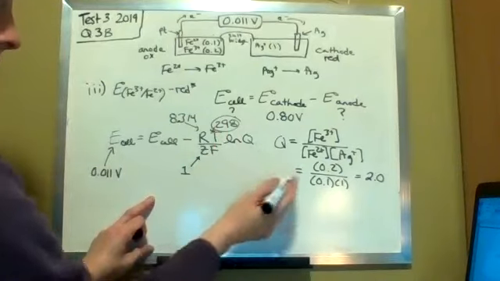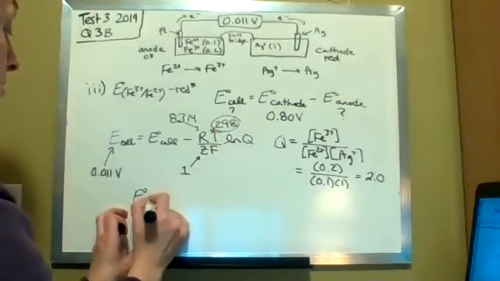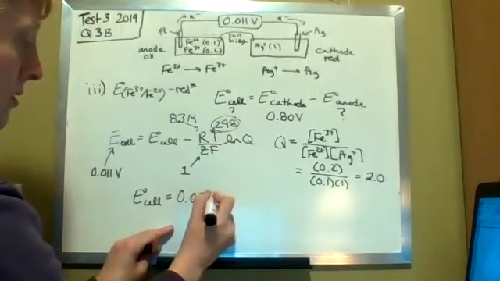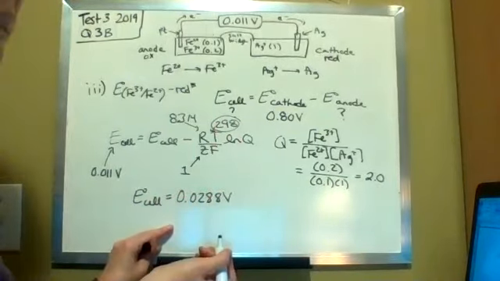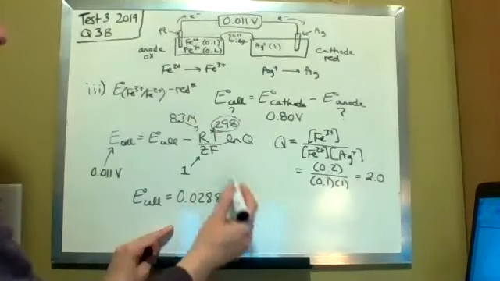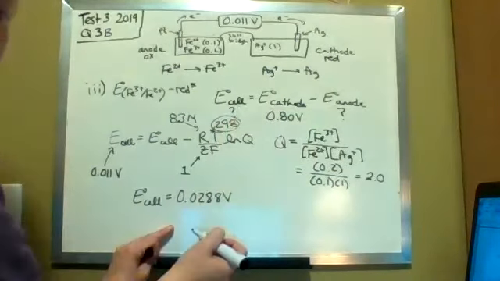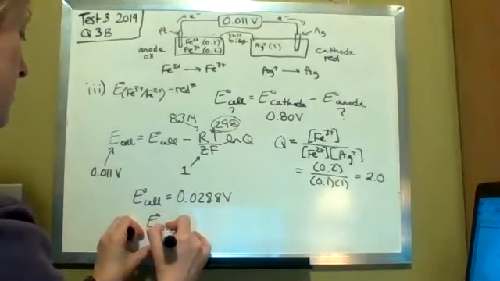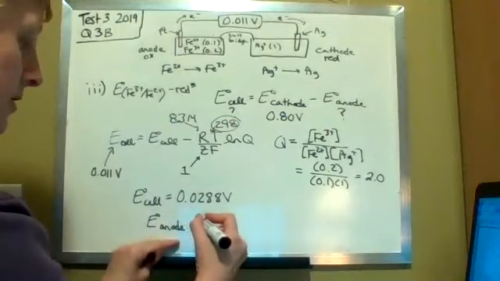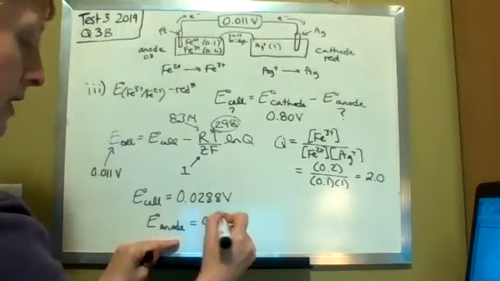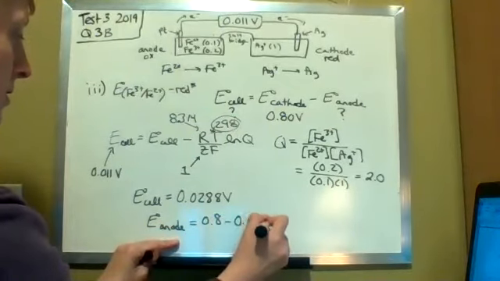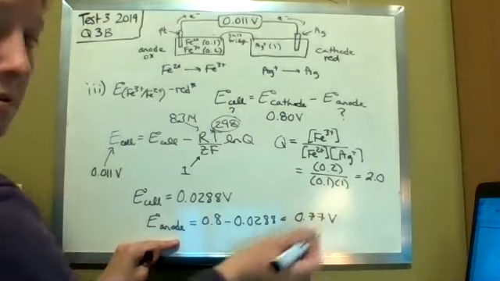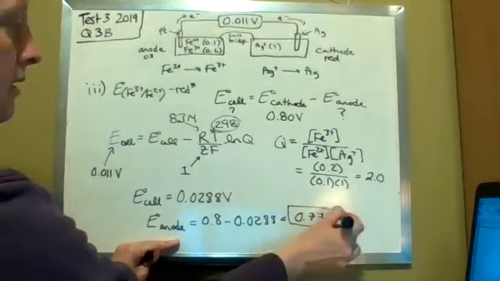You know Faraday's constant, and you have Q. So you should be able to solve for E naught cell to be 0.0288 volts. Now bringing this number back up here, we can solve for E naught of the anode. So I'll write that down here. E naught of our anode is now going to be 0.8 minus 0.0288. So your final value should be plus 0.77 volts.